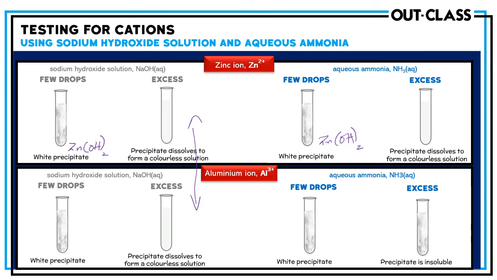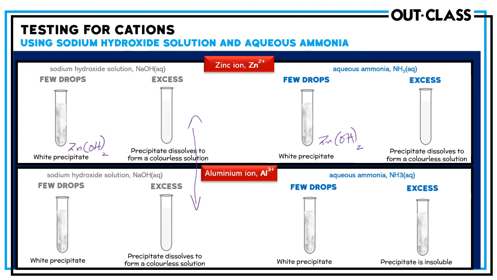But if aluminium ions are present in the salt solution, then aluminium ions also form white precipitate with aqueous ammonia, but this time when you add excess of aqueous ammonia, the white precipitate remains in the solution. The white precipitate is insoluble in excess of aqueous ammonia.